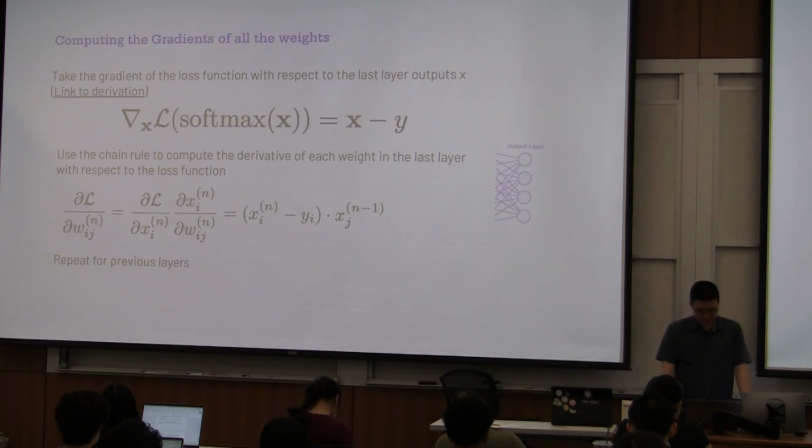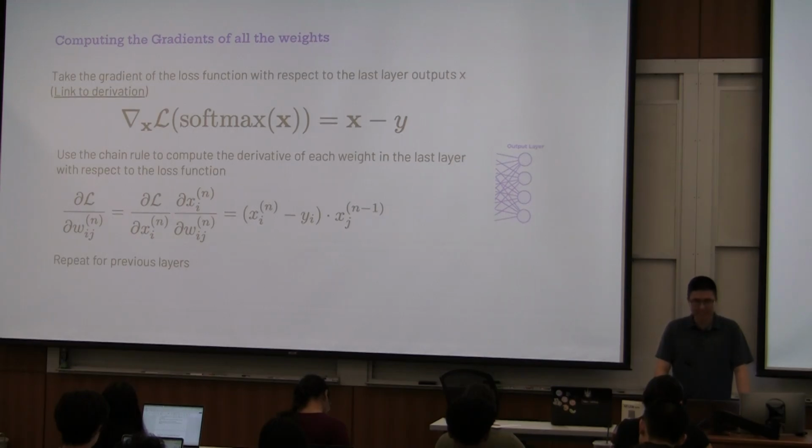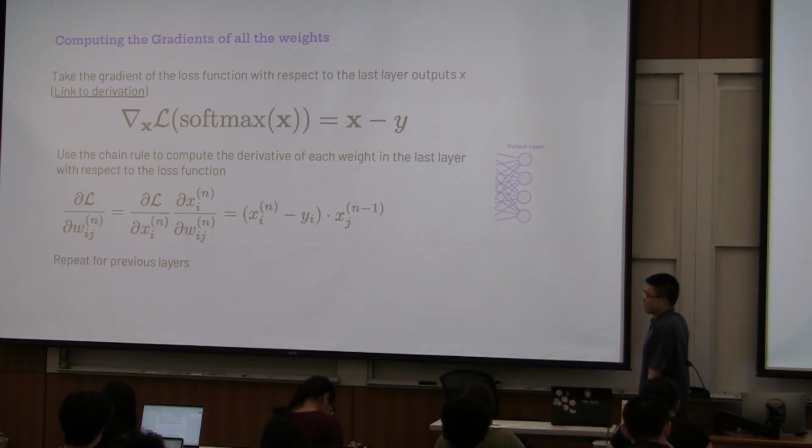Okay, now we want to compute the gradient of the loss with respect to all the weights. The loss, which previously we computed, was the negative sum of the true times the log of the predicted, right?